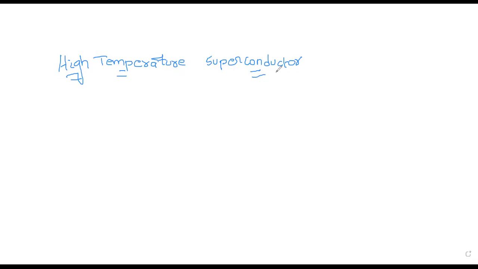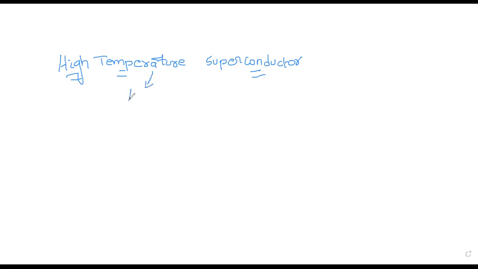Now, as I told you, superconductors have a low transition temperature, in terms of Kelvin, 4.2 Kelvin. Now what is the meaning of high temperature superconductor?